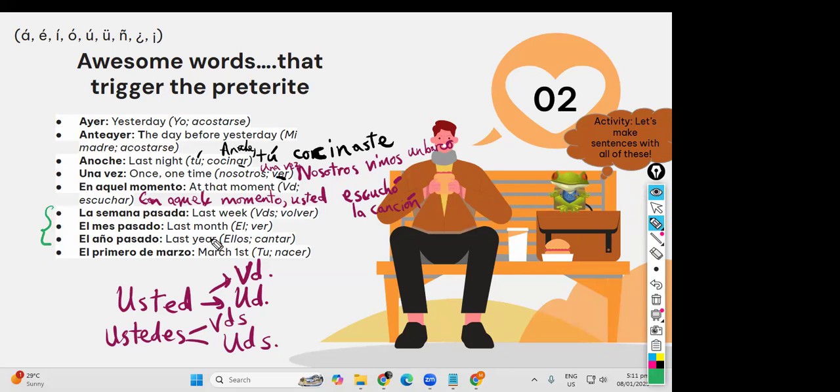Okay, la semana pasada, last week, you returned, probably home. You returned, you went back. So ustedes volvieron.